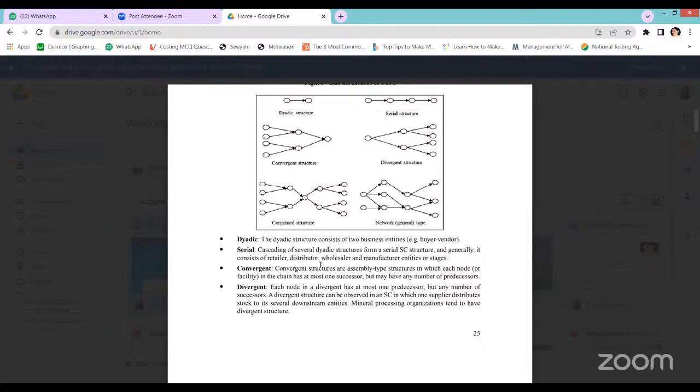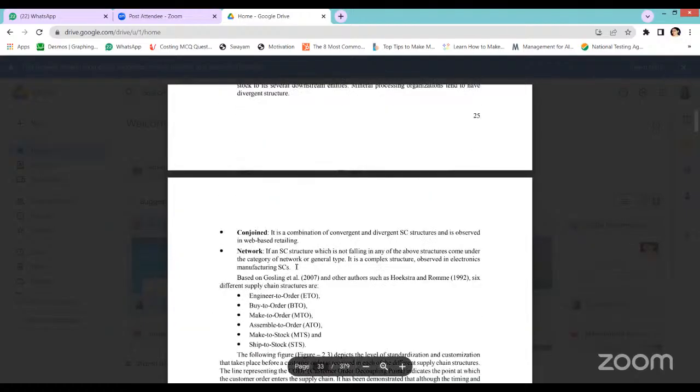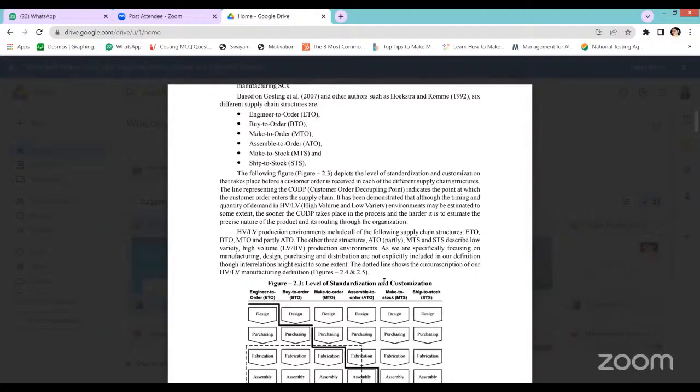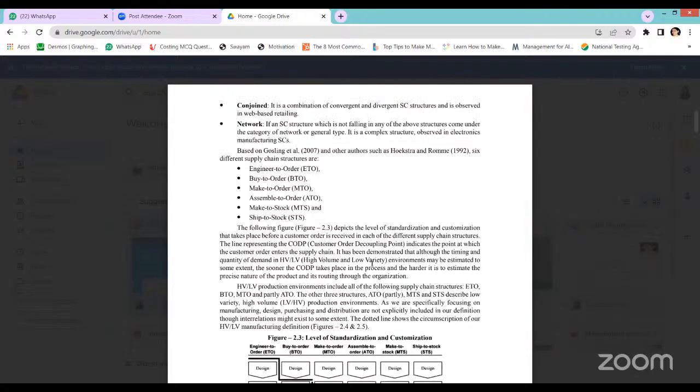So that is conjoint, a combination of convergent and divergent. The network is the one with no specific structure or category. It is a general, complex structure where the supply chain is connected in every angle and direction. So you can write this very easily.